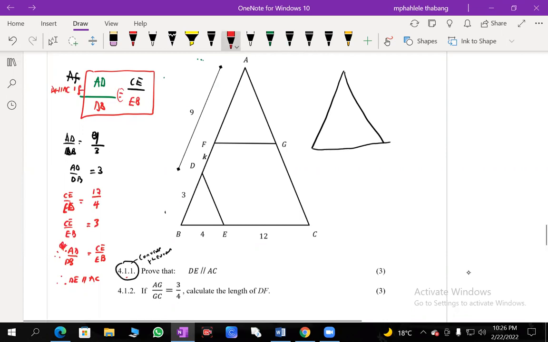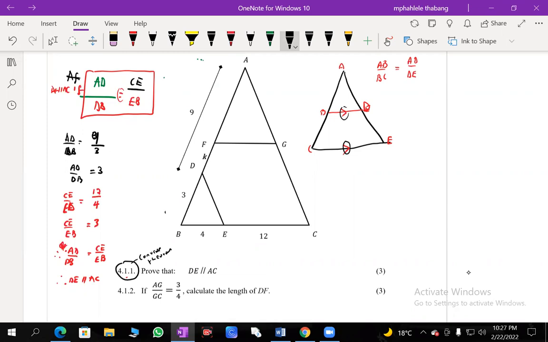Before you converse, look at the original theorem. We had DE. We had AB over BC equal to AD over DE, given the parallel lines.